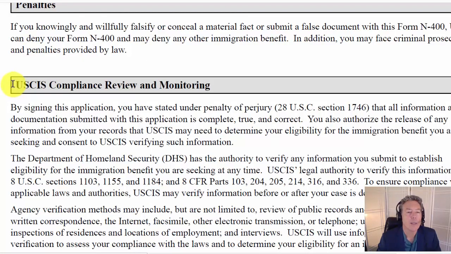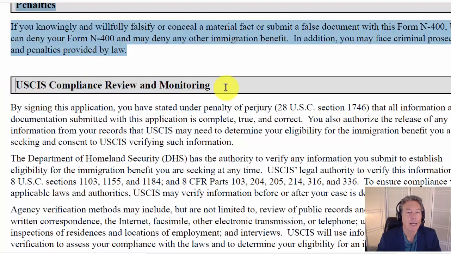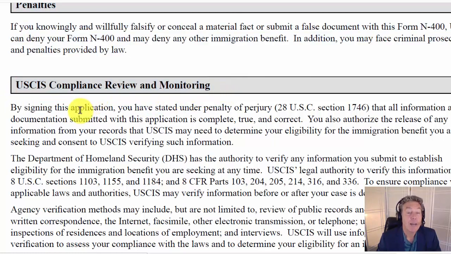So I want to cover this USCIS compliance review and monitoring. They put it in writing, and I've been doing this over 20 years now, and I've seen it all, and they will do compliance review and monitoring. Check this out. They put it in writing. By signing this application, you've stated under penalty of perjury that all information and documentation submitted with this application is complete, true, and correct.